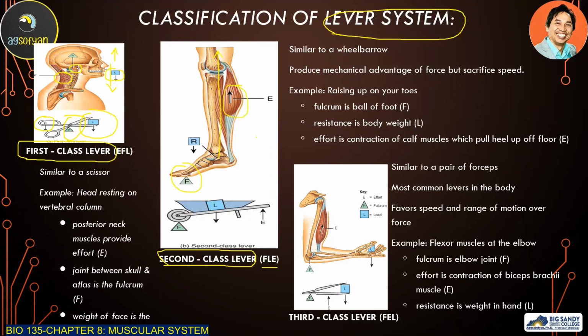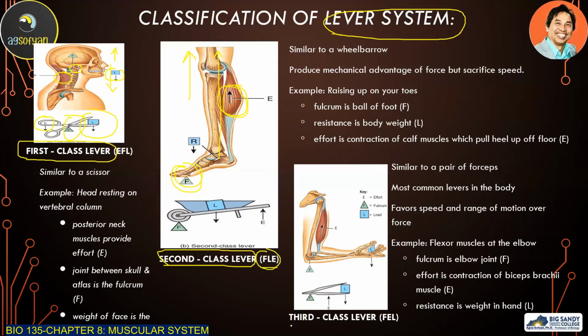The muscle contractions in the back of the leg: if we want to lift up our body, we have to do the effort from this muscle. When this muscle contracts, it will lift up our body, with the load in the middle and the fulcrum, the fixed point, staying, then our body will be lifted up. So this is the second class lever, FLE.